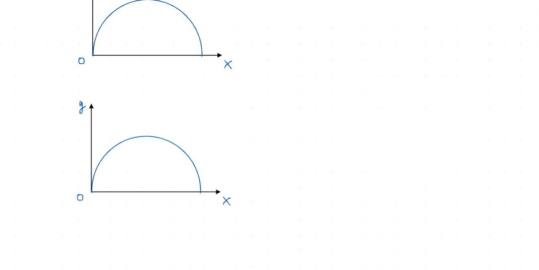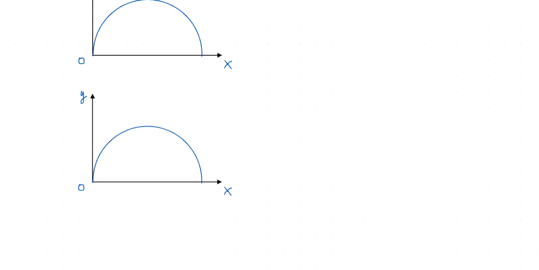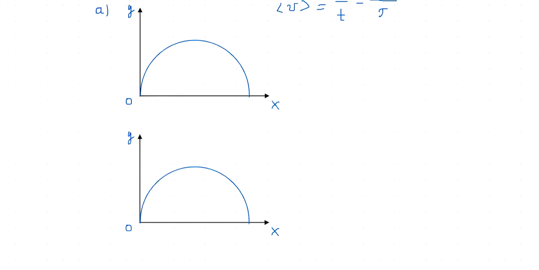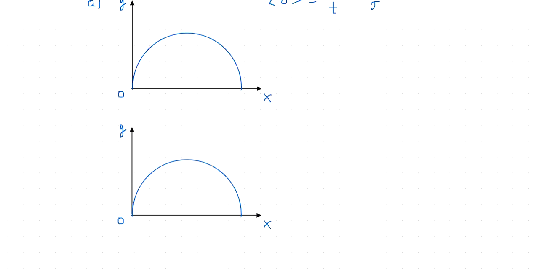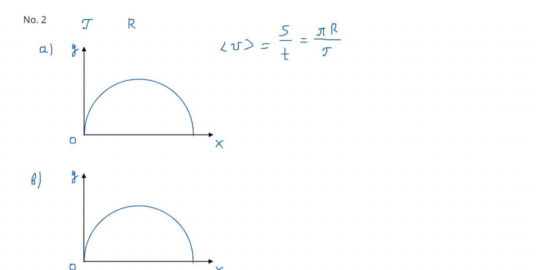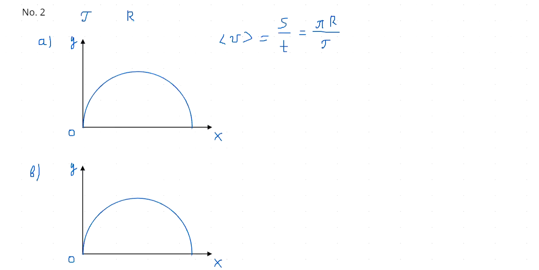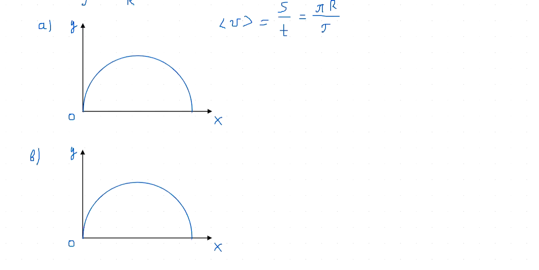I don't need to draw it again. This is part B. In the previous part we have found the average modulus, and now we have to find the average vector.